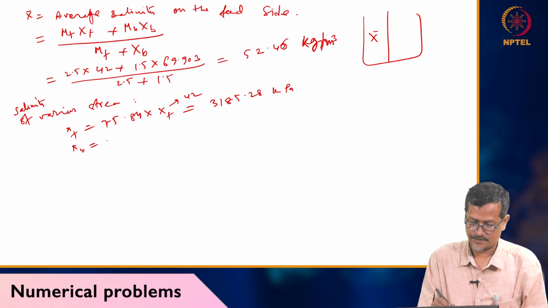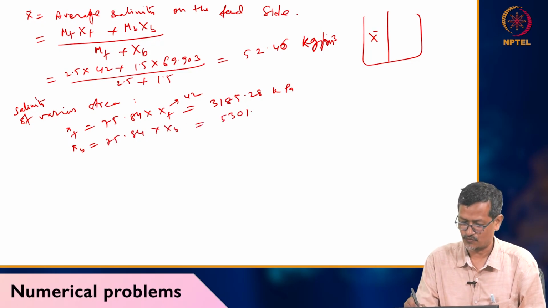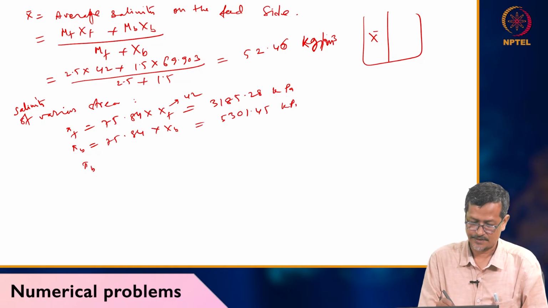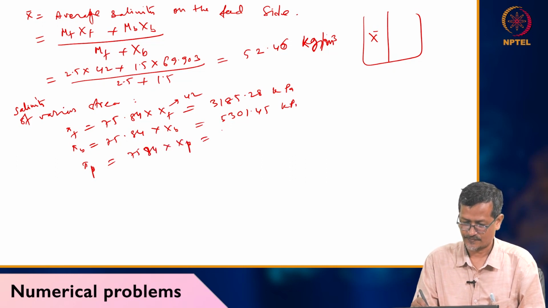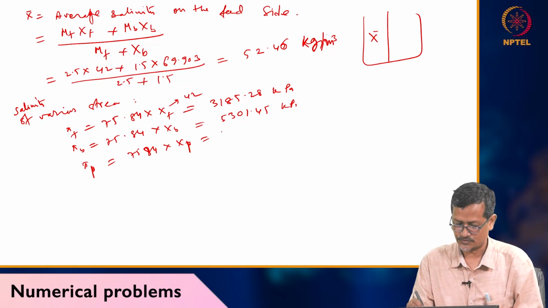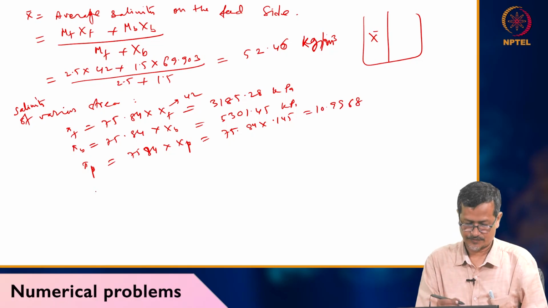Pi b is 75.84 into Xb, it is coming 5301.45 kPa. Pi p equals 75.84 into Xp, equals 75.84 into 0.145 equals 10.9968. Okay.